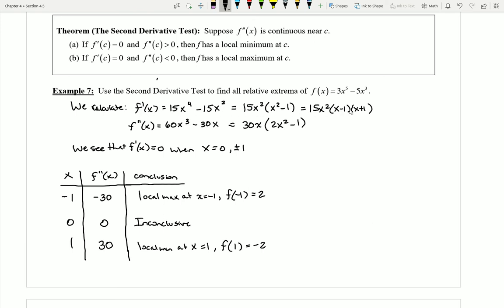We already factored it out. We could have put these critical points on a number line and just found our pluses and minuses and immediately determined the result. We would have found out, again, even what happens at 0. We would not have had inconclusive, but we would have had a definite conclusion. So the second derivative test is not all that important in every situation.